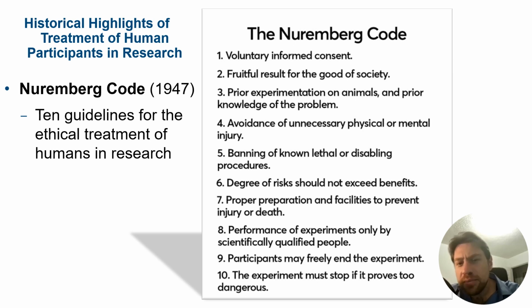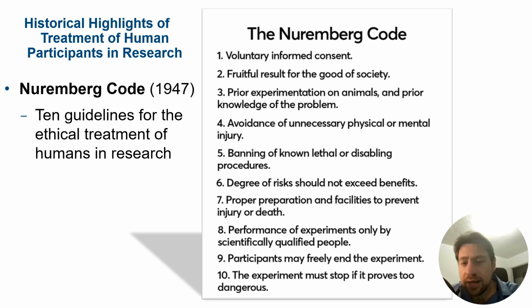Now, this is more applicable, for example, to medical research, where, let's say, you're testing a drug. You have to first test that drug on animals before you can run human trials. So again, experimentation on animals when relevant and prior knowledge of the problem.